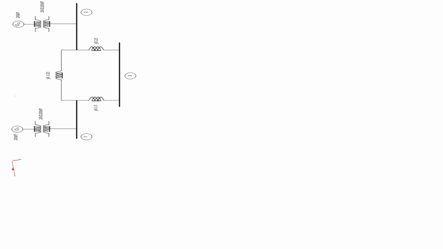The internal induced EMF is 0 in the case of negative sequence, only we have a reactance, that is the internal reactance. This is the VR2, VR2 is 0, and this is the X2. Similarly for the transformer, this is the diagram. Similarly if you draw the transmission line, this is the diagram.